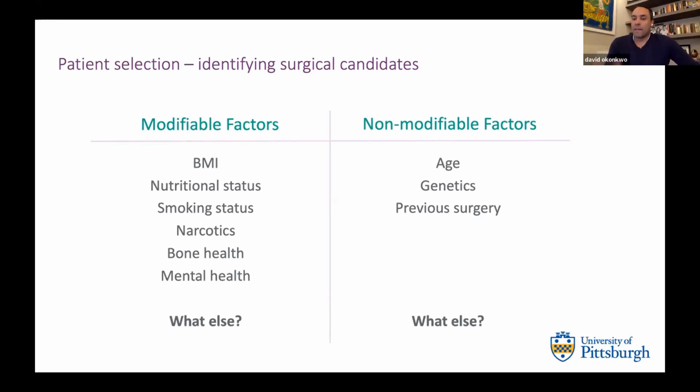And why did I pick that BMI of 32? It's because if you summate the data that's out there, you start to see that there is an inflection point at around a BMI of 28, but then there's a secondary inflection point right around a BMI of 32, where the impact on wound healing and wound infections starts to rise. And one of the great things about what we do is you can find any paper that justifies anything that you want to do.